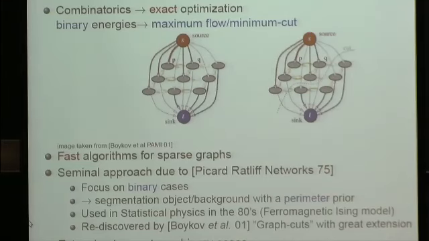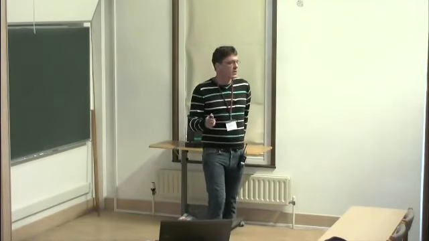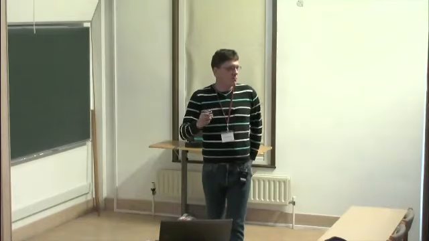That kind of approach has been developed actually in the 70s by Picard and Ratliff and some other people. So they focus on binary energies, and at the end of the day, what you do in image processing and computer vision is you are able to put a prior which is the perimeter, meaning you're looking for objects where the perimeter of the object is small.